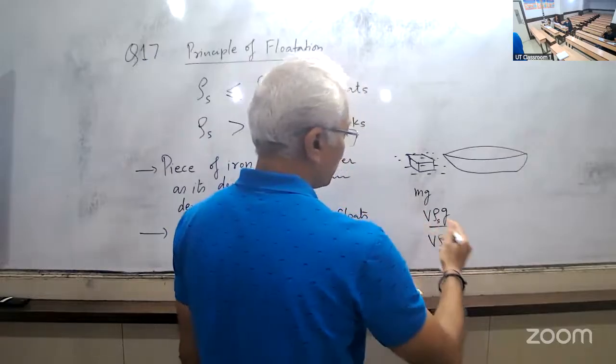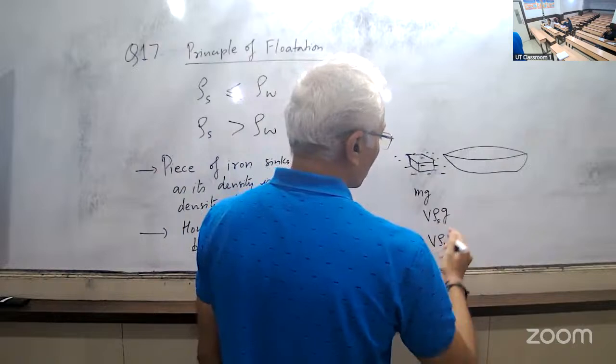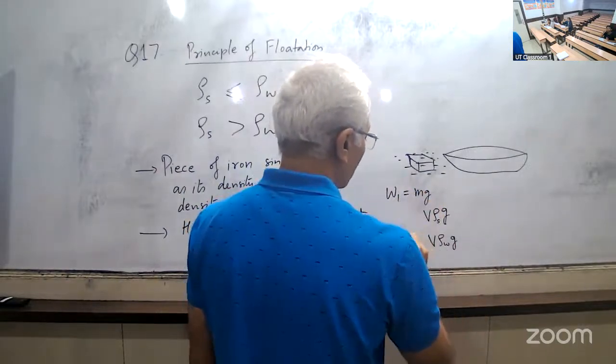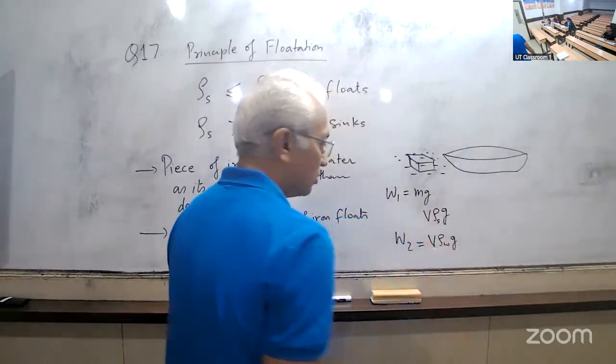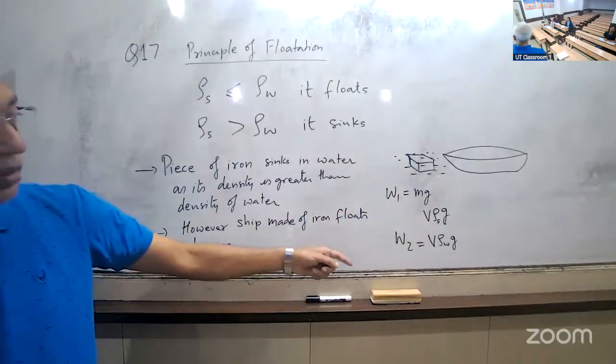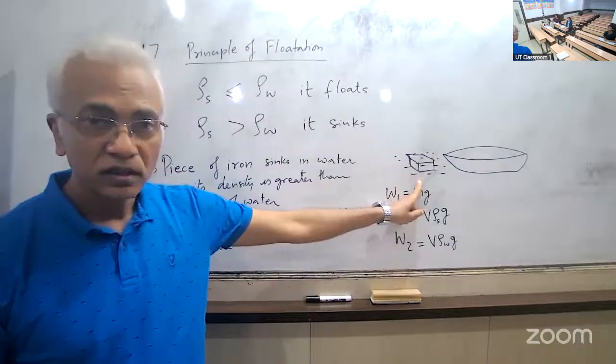If you compare these, which weight will be greater? Let's say this is W1 and this is W2. Which will be greater? W1 will be greater. So it will sink because the upthrust will not be able to balance it.